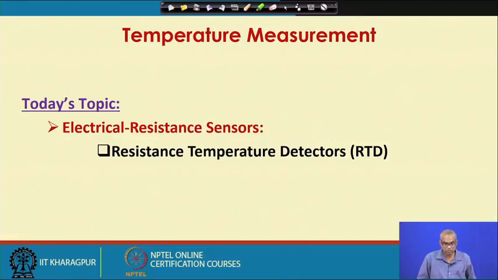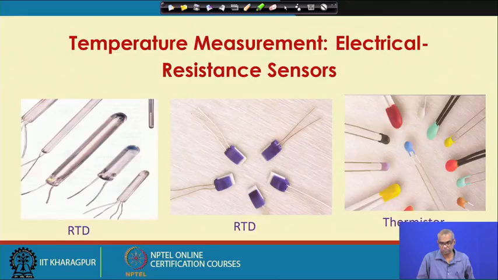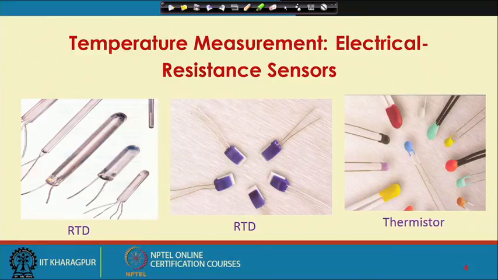So, today we will talk about resistance temperature device or resistance temperature detector or RTD. What you see is some images of RTD and thermistors.